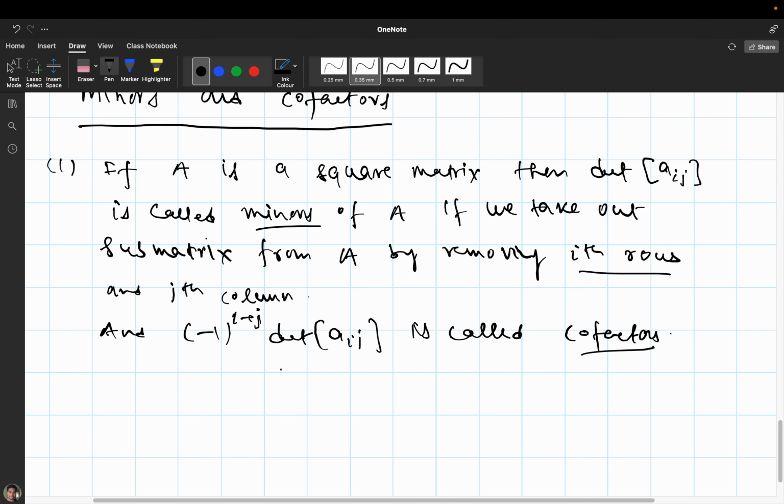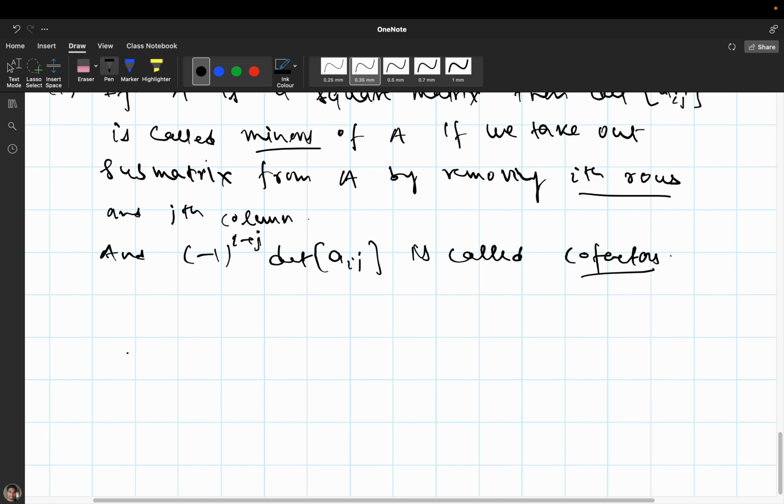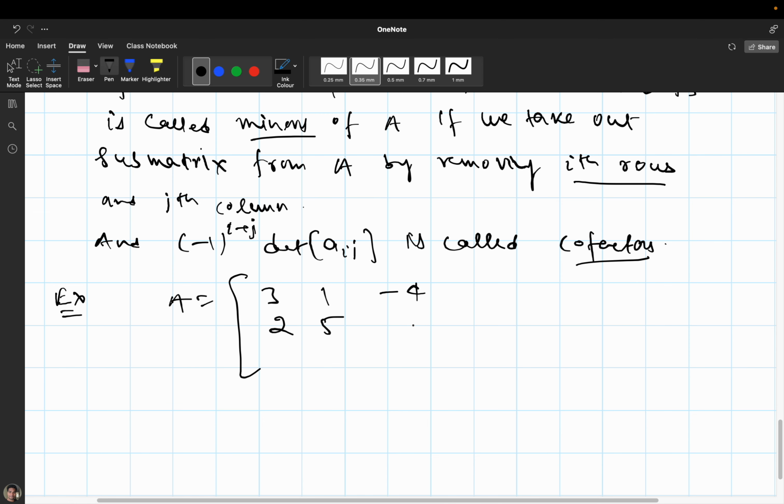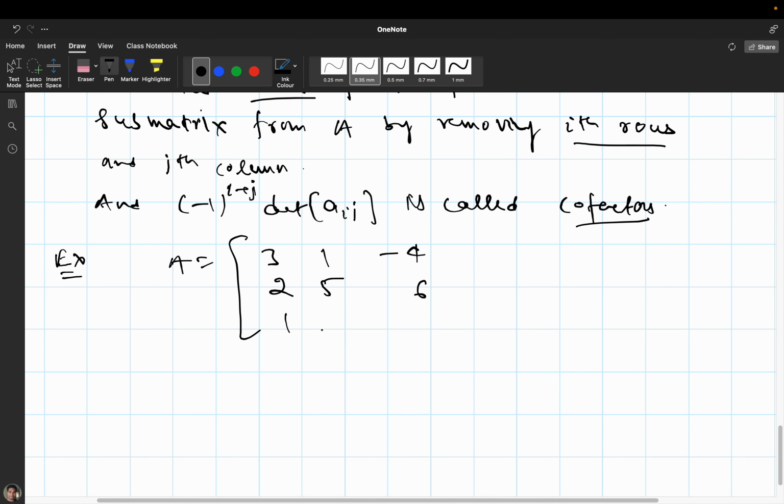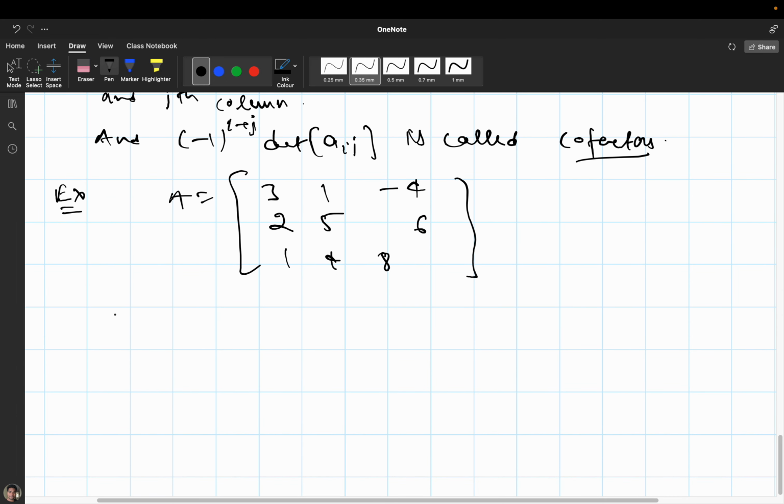Now I will determine the cofactors. Suppose we take an example: 3 1 minus 4, 2 5 6, 1 4 8. I want to determine the minor M11.